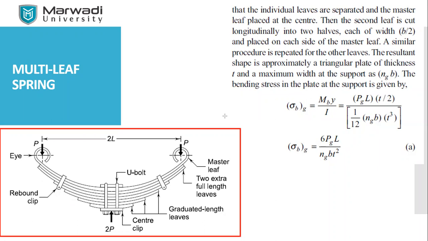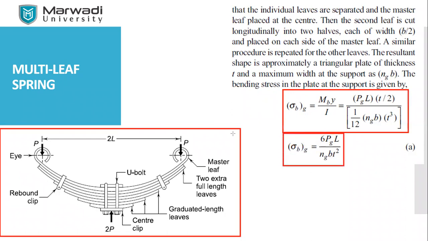This part we will discuss later, but all of you first draw this figure of the multi-leaf spring and write these simple equations where you are going to put the values of different entities like Mb, which is PgL, then we have y, which is t by 2, and we have the value of I, which we can consider as 1 by 12 ng b t cubed. Then the t will cancel out, and you will have the final equation in this form.